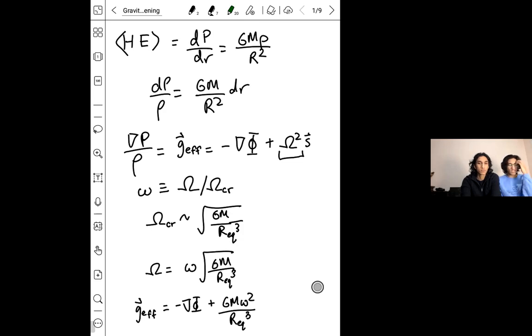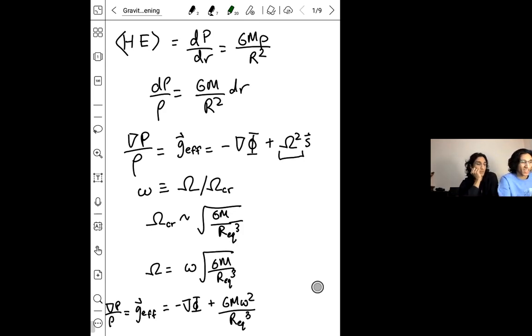So we get this really neat form for the hydrostatic equilibrium equation, right? The reason I think this is neat is, first of all, I wasn't able to find a derivation in the literature with this particular form.